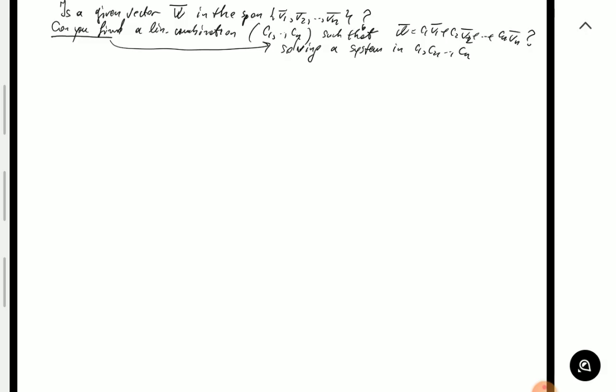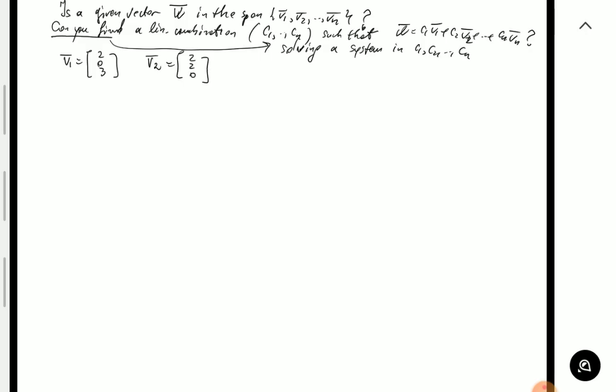Sometimes the answer is easy to spot. So let me give you an example. Let's say I'm looking at V1 equals the vector, just like the previous vectors, 2, 0, 3, and vector V2, 2, 2, 0.